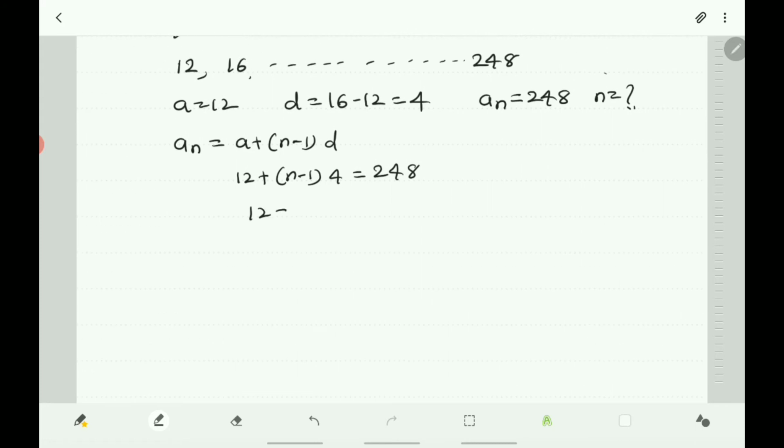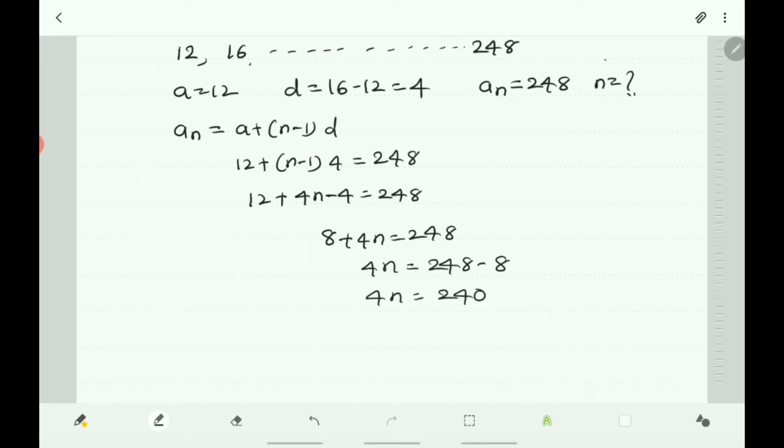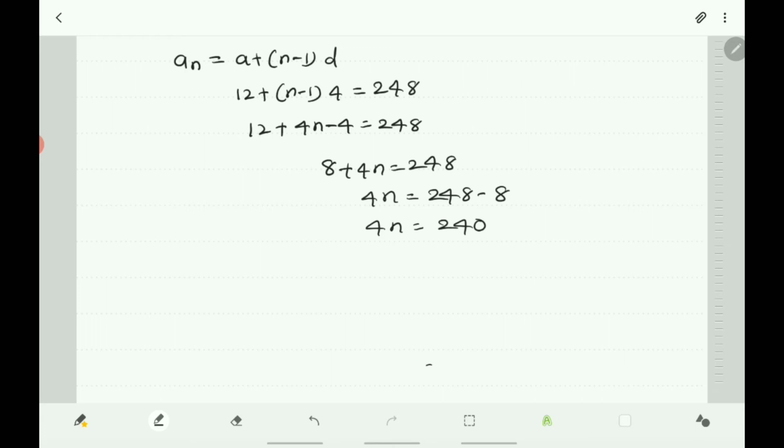Then 12 plus n into 4 is 4n minus 4 is equal to 248. 12 minus 4 is 8, plus 4n is equal to 248. Then 4n is equal to 248 minus 8. So 4n is equal to 240.